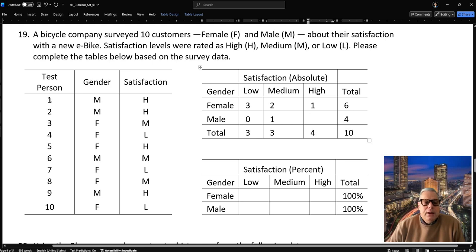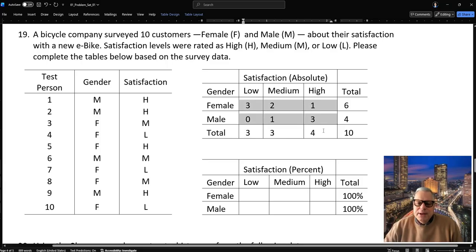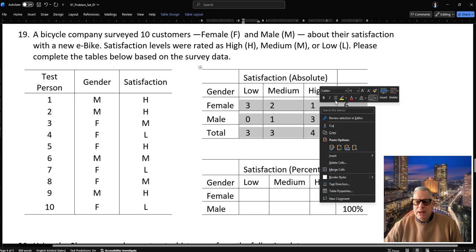Male, high: test person 1 is a male and high, test person 2 is a male and high, and test person 9. Okay. What we just did, this kind of thinking, is a little bit related to what we will talk about later, the degrees of freedom. When you fill out the table, sometimes you can already tell what something needs to be, even if you omit the manual counting.